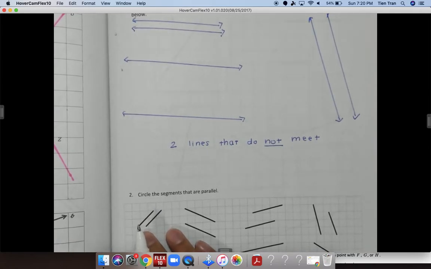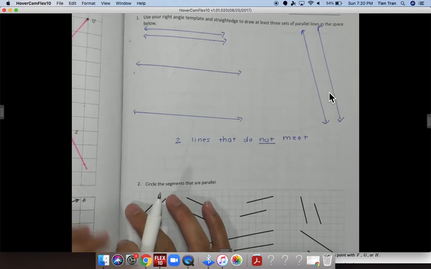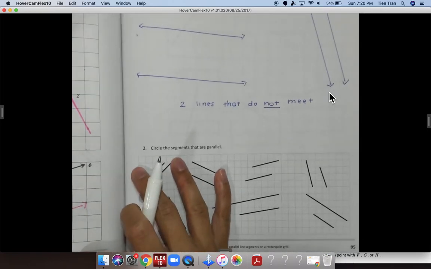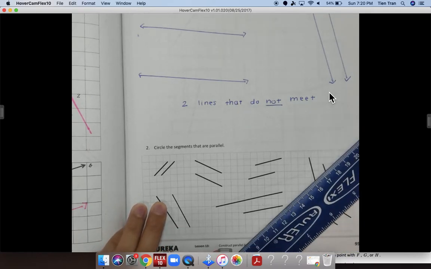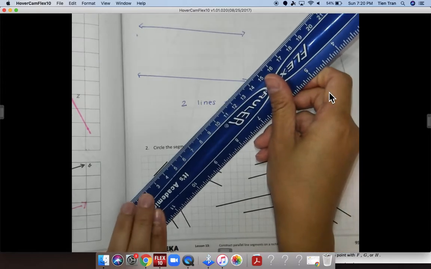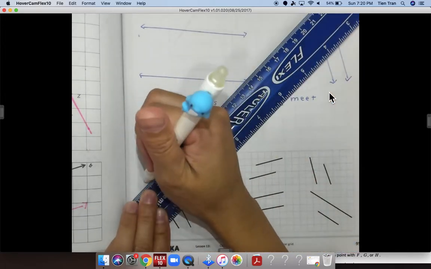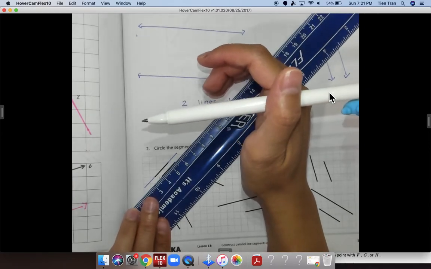Okay, problem number 2. It says circle the segments that are parallel. So same thing as the last problem set. We are going to make sure we extend our lines and see if they intersect. If they intersect, that means that they are not parallel lines. So I'm going to extend this line right here, as well as the bottom line.